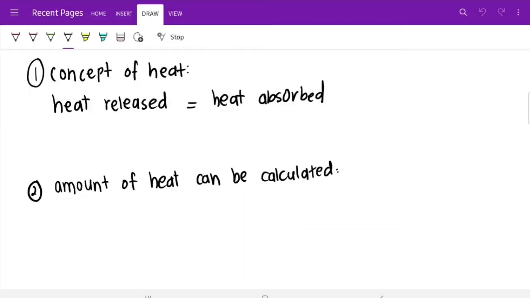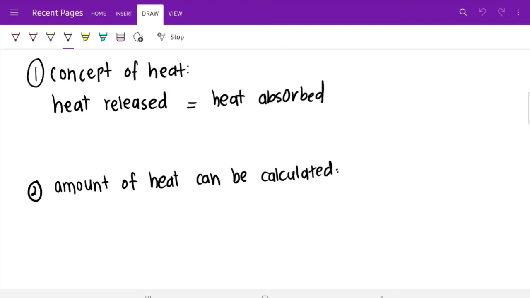So what is heat? Heat is a kind of energy that can be transferred between systems, from a higher temperature to a lower temperature. In our thermochemistry topic, we assume there is no heat loss to the surroundings.